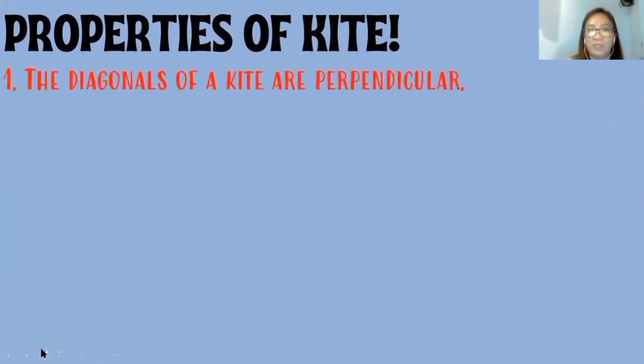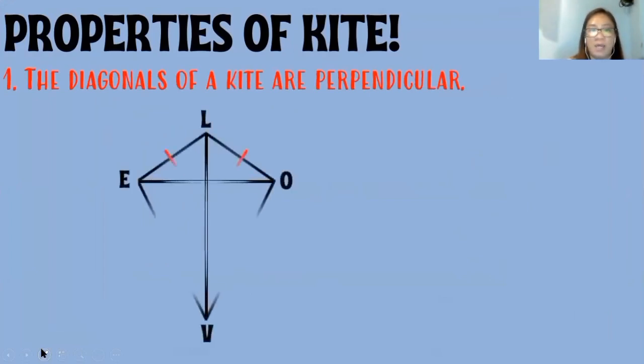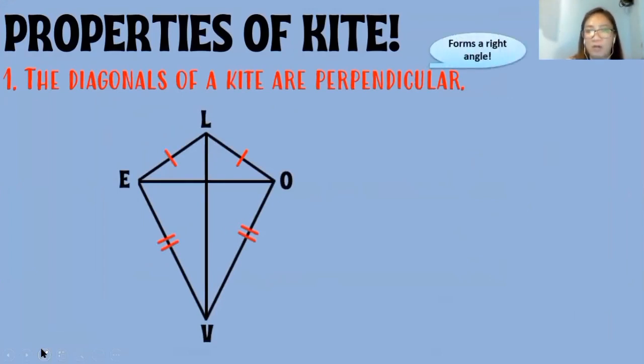The first property is that the diagonals of a kite are perpendicular. When we say perpendicular, they form a right angle, so when these diagonals meet, their intersection forms a 90-degree angle or a right angle.